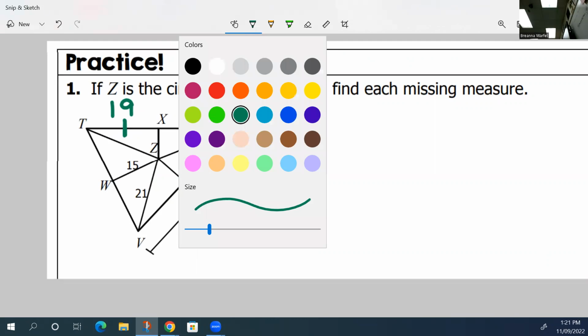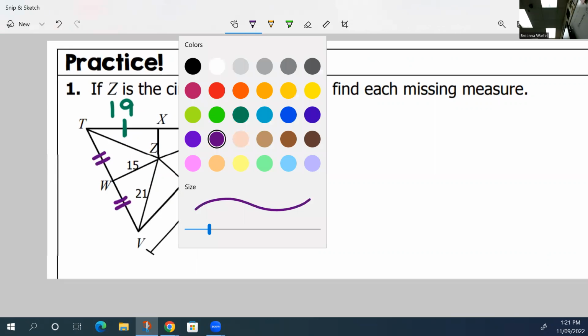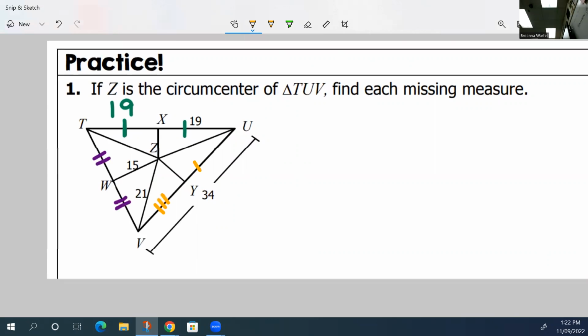Okay, that also means that this side is congruent to this side. That also means that this side is congruent to this side. Okay, so we can actually figure that out, because if we know the whole thing is 34, we can divide that in half, and 34 divided by 2 is 17.